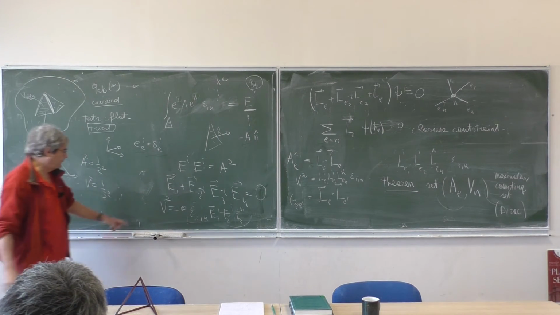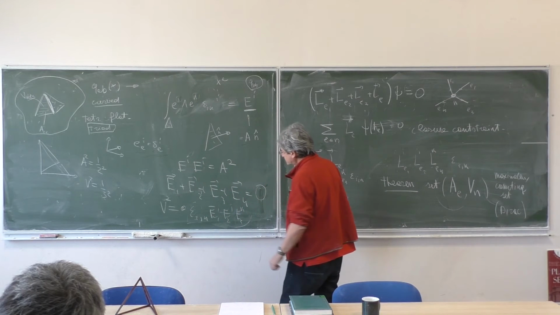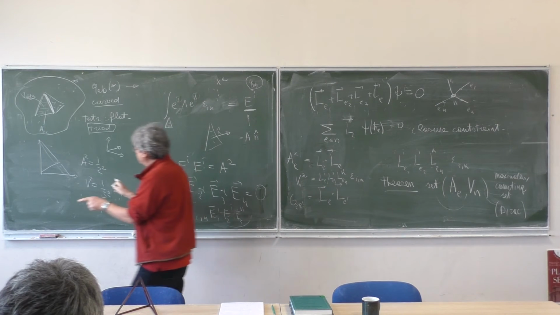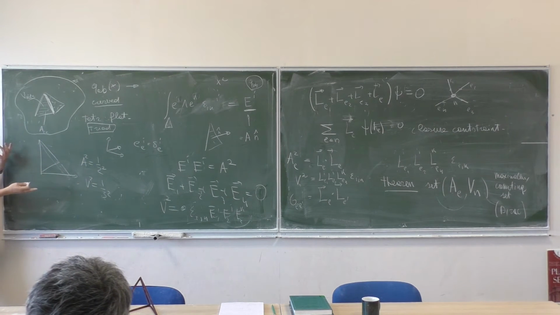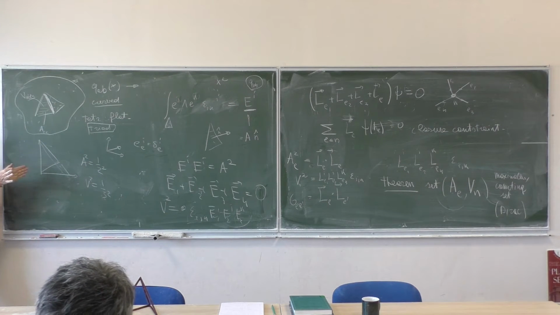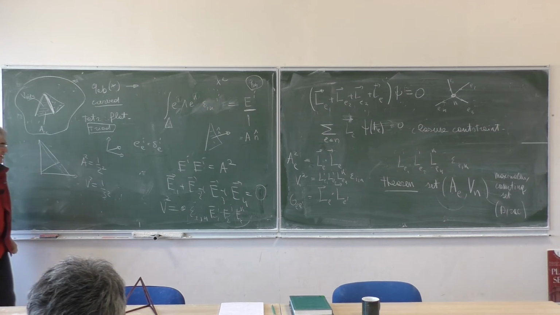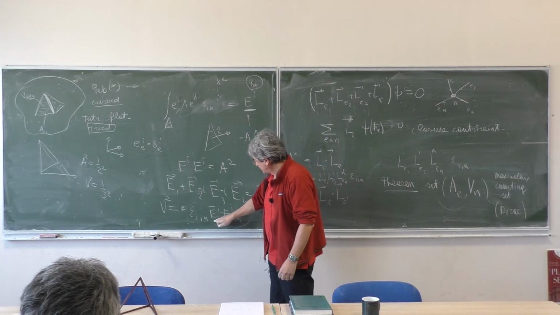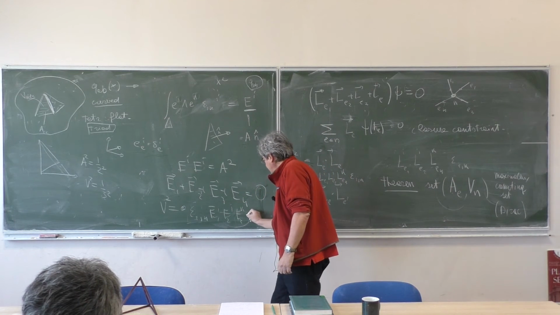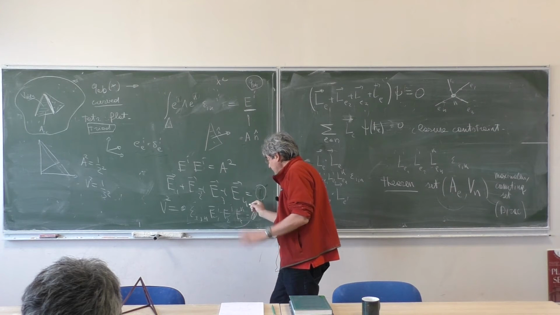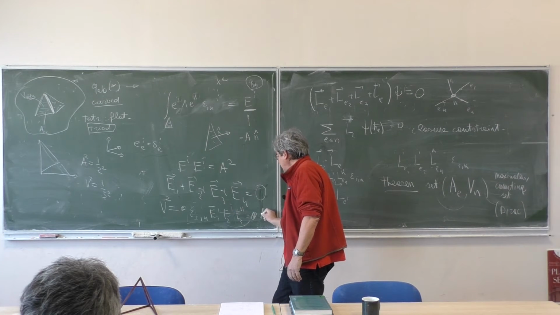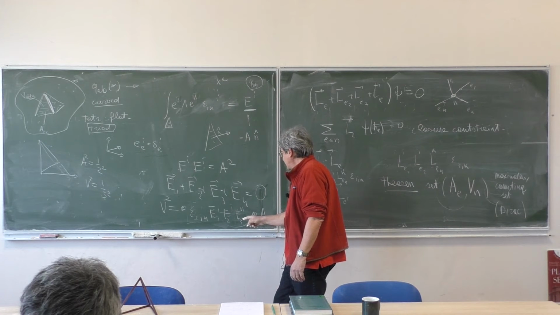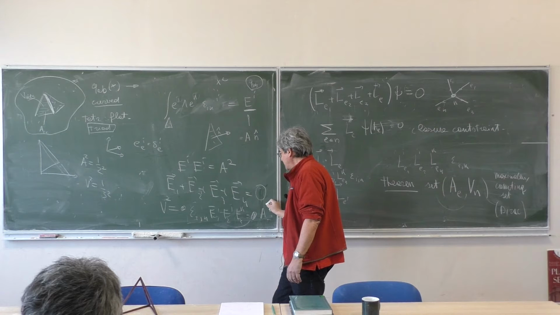So if I use this one, epsilon_ijk, they point in orthogonal directions, so all the angles are pi half, all the cosines are 1. So this is this number in that particular case times A cubed.